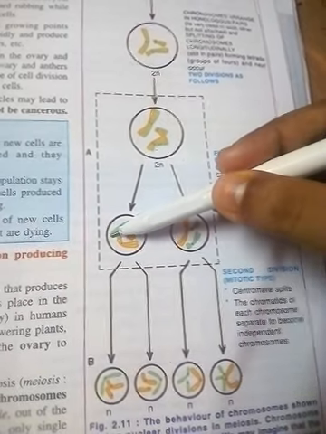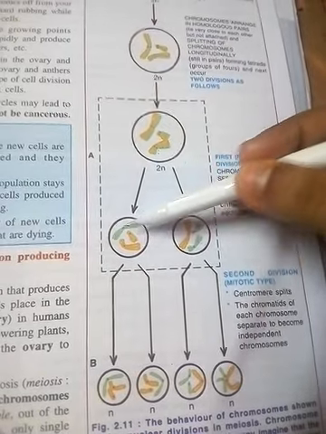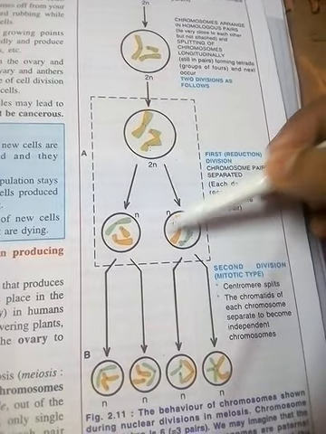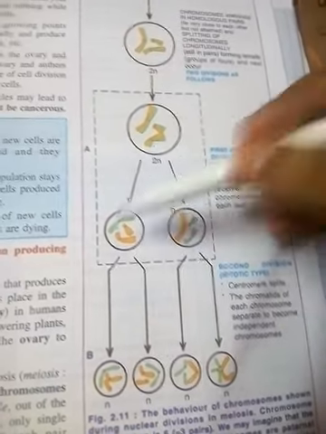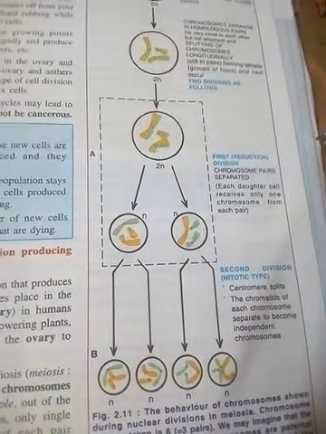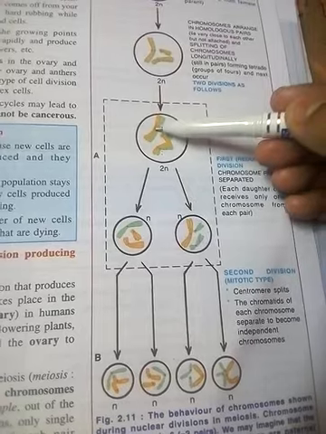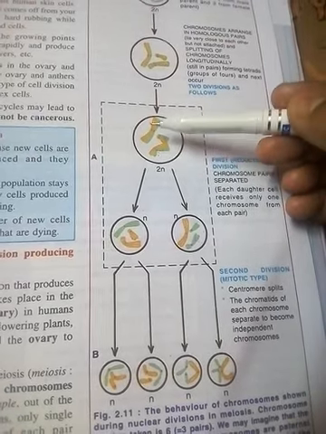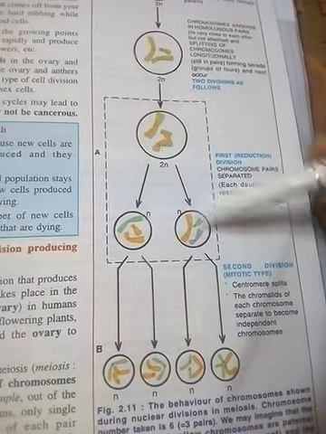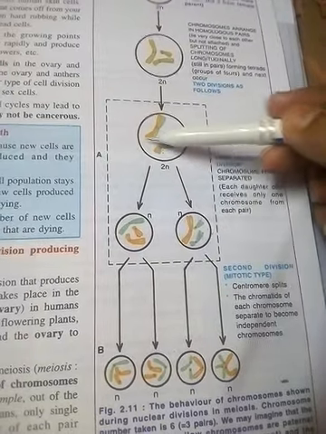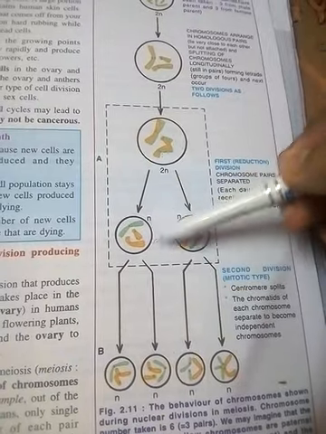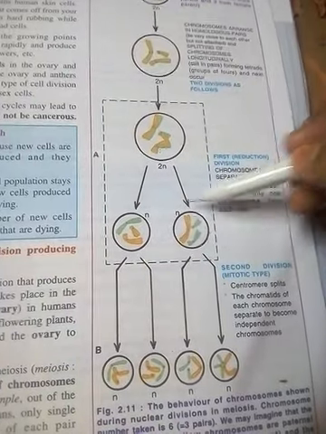In this cell 1, 2, 3, and in the other cell 1, 2, 3 chromosomes are present, but in each cell there is 1 chromosome from each pair of the mother cell. Here there are 3 pairs of chromosomes, and from each pair 1 chromosome is separated into each daughter cell. From the 3 pairs, this cell gets 3 chromosomes and the other cell gets another 3 chromosomes.